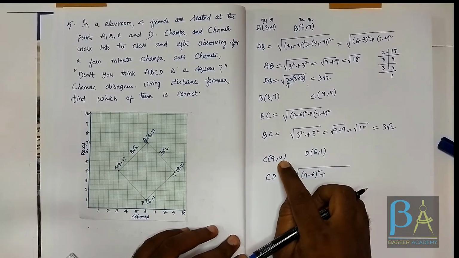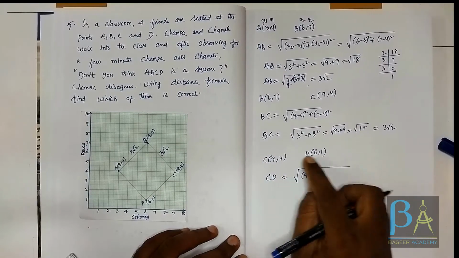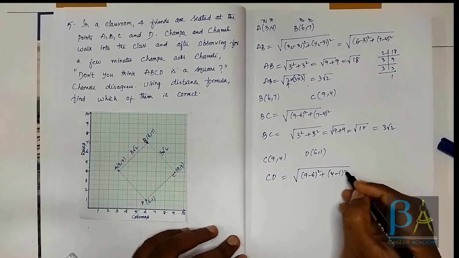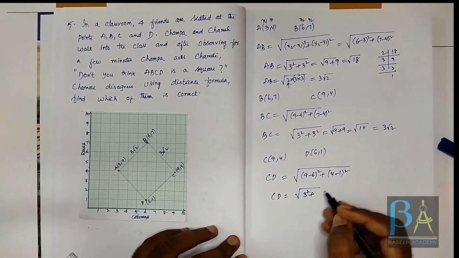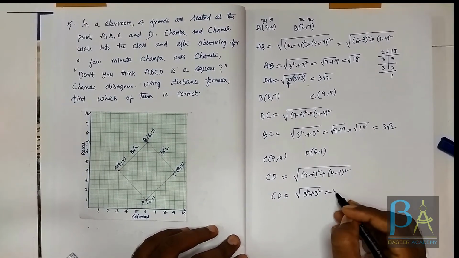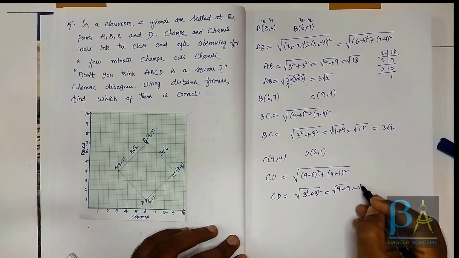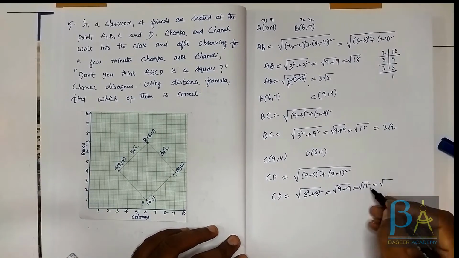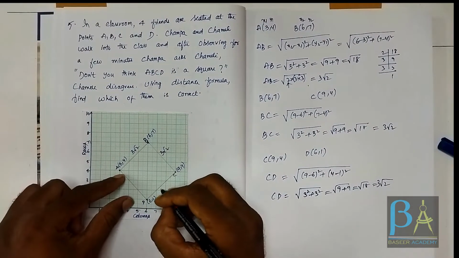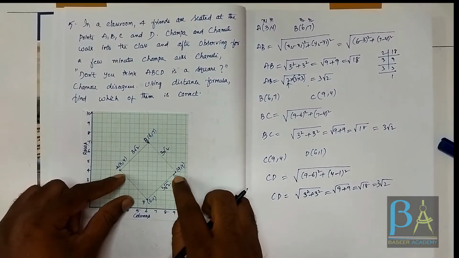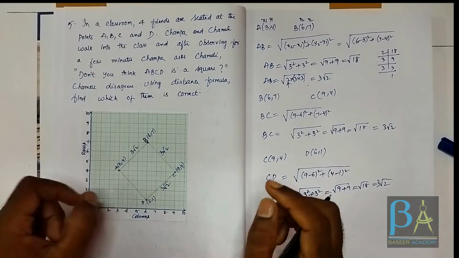The y coordinate is 4 here, the y coordinate is 1 here. So 4 minus 1 whole square. CD is going to be 9 minus 6 is 3, 4 minus 1 is 3, 3 square is 9, 3 square is 9, 9 plus 9 is 18, and square root of 18 is nothing but 3 root 2 once again. So I ended up getting the distance between the point C and point D as 3 root 2 once again.